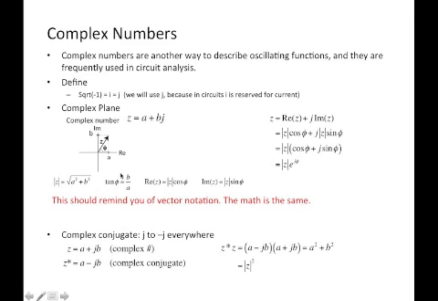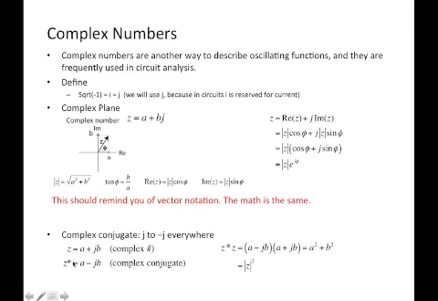Okay, so there's one other thing we need to talk about before we move on to the big idea, and that is the complex conjugate. Essentially, wherever there's a j, you make it a minus j. That's how you make a number a complex conjugate. So if you have z equals a plus jb, the complex conjugate of z is just a minus jb.